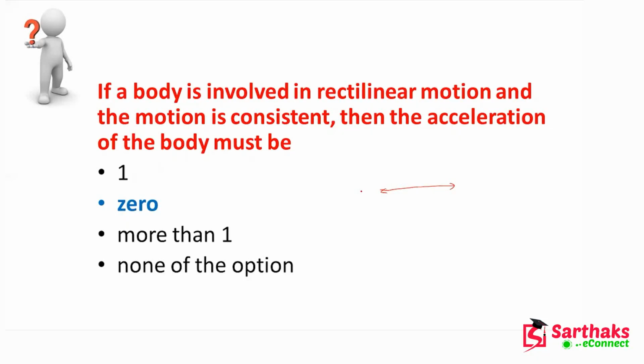So, acceleration will be 0. That means for a particular span of time, I am moving a particular distance. If I am moving for 1 second, I move 2 meters, then the next 1 second I will move 2 meters, like that. So this is the rectilinear motion. It has acceleration 0 because there is no change in the distance for any interval of time.